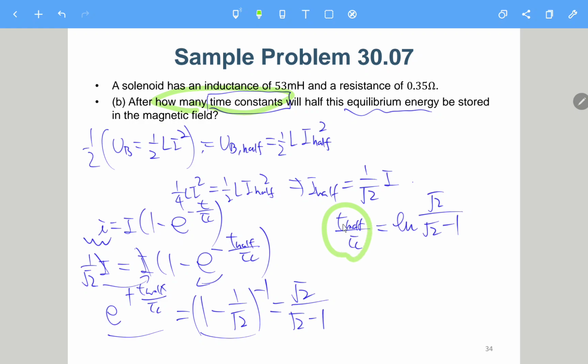You can still calculate the value of t half, but here we need to know how many multiples of tau L it is. So it is nothing but natural log of square root of 2 over square root of 2 minus 1. This number is nothing but 1.23 times.